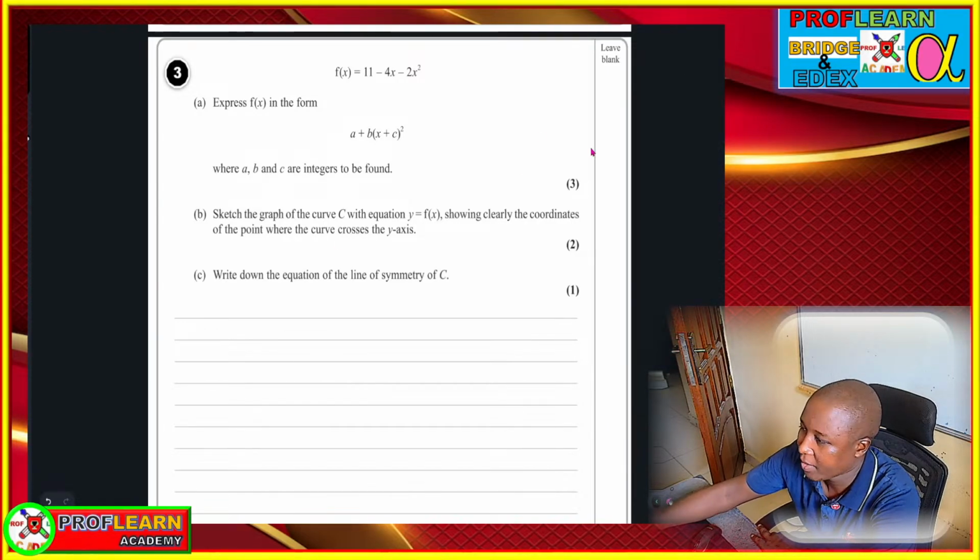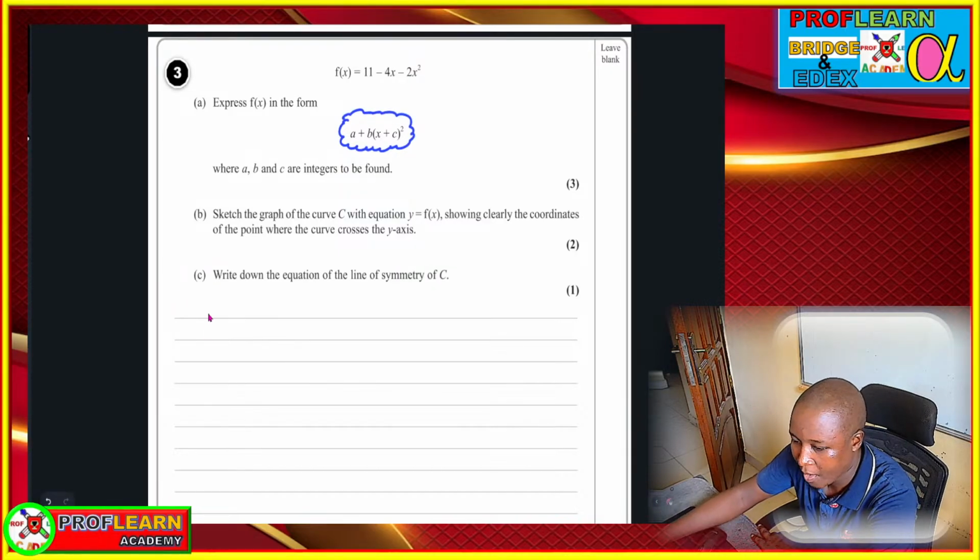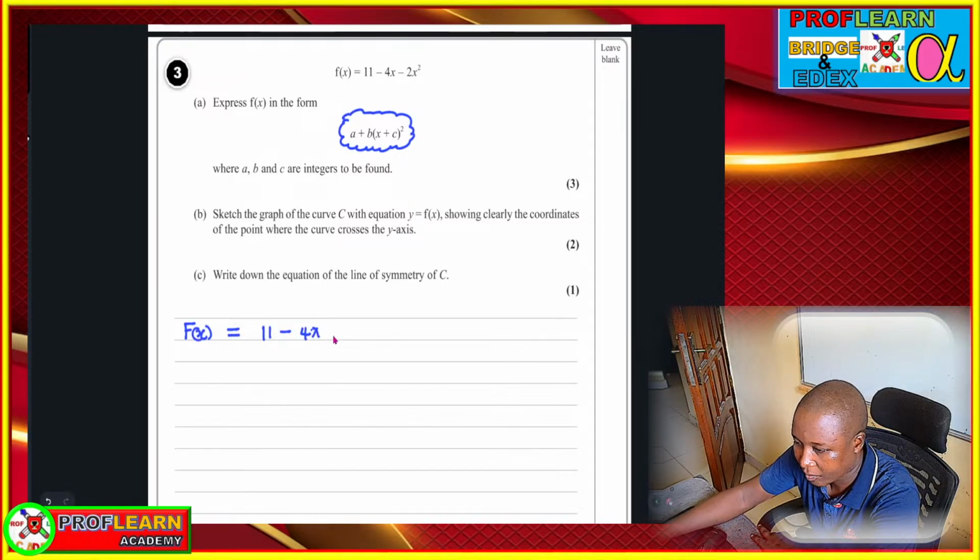So let's see, for instance here, you are told to express f of x in this particular form. Actually, you are just completing the square, whereby we have our f of x being equal to 11 minus 4x minus 2x squared.